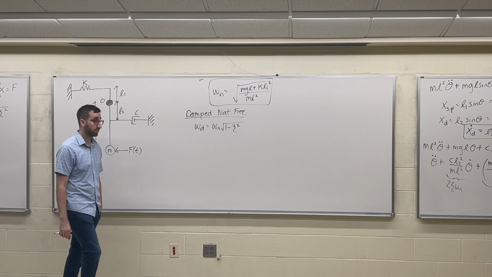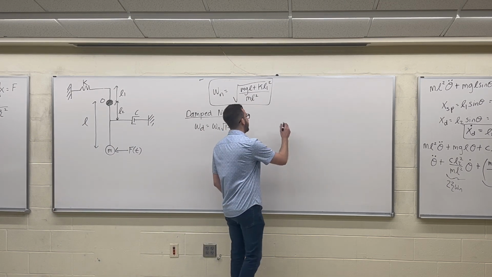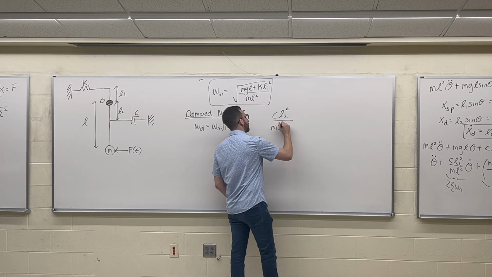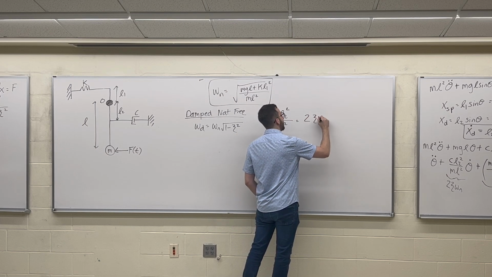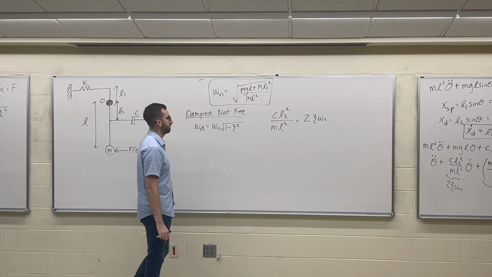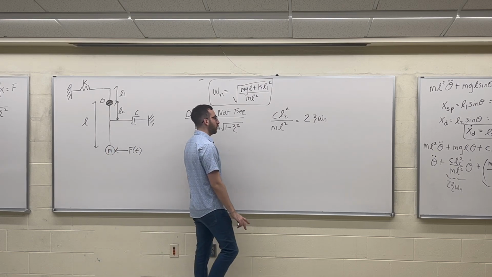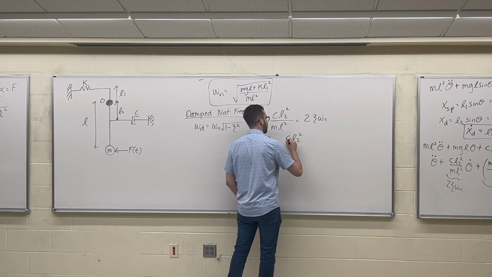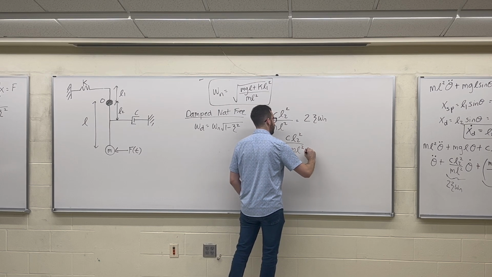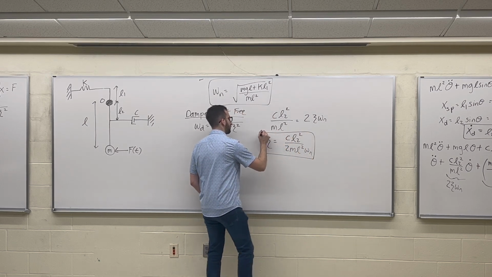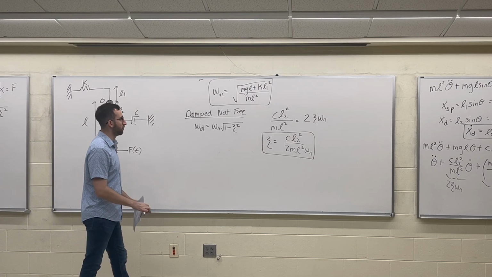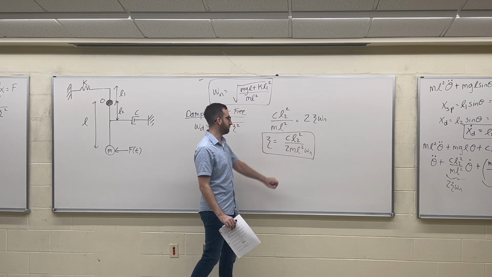Is that okay? So we have C L2 squared over ML squared. That whole thing is equal to 2 zeta omega n. We can then solve for zeta by dividing both sides by 2 omega n. And of course, there's some algebra there. You can plug in what omega n is here and then flip things around.